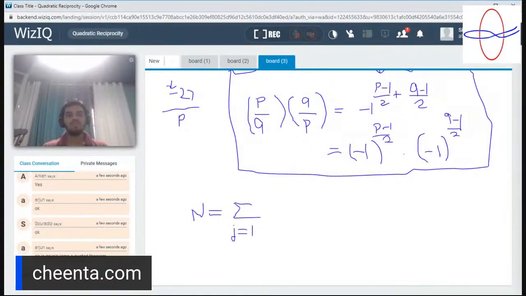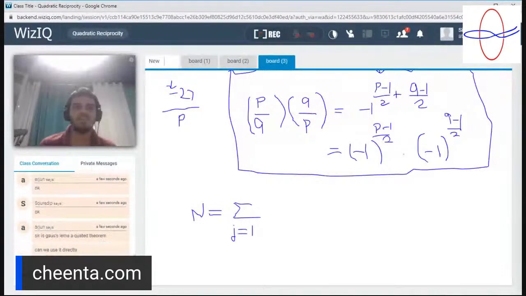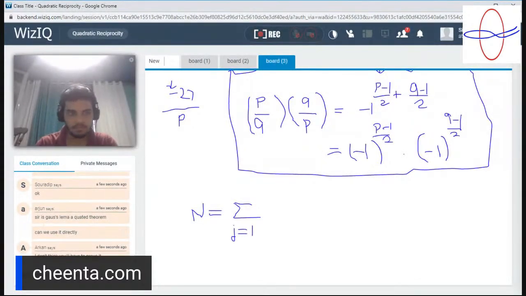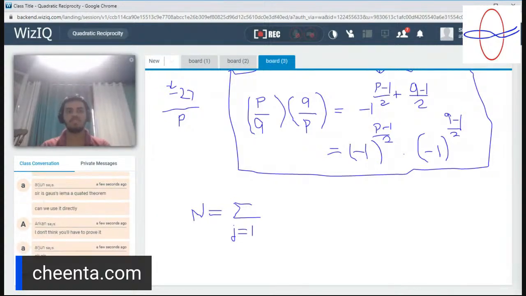So Gauss's lemma can be quoted just because it has a name, but it's also a well-known lemma in the reciprocity theorem. So if you mention that you are using Gauss's lemma for the Legendre symbol, then I think you can use it directly without an issue. Yeah, you won't have to prove it.